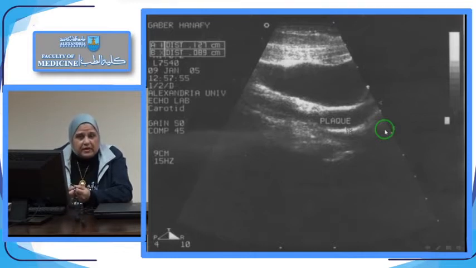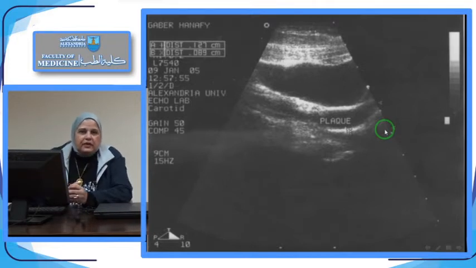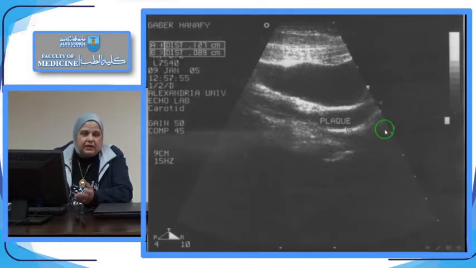Plaque score as well as intima media thickness are done by a simple maneuver through a carotid Doppler study.